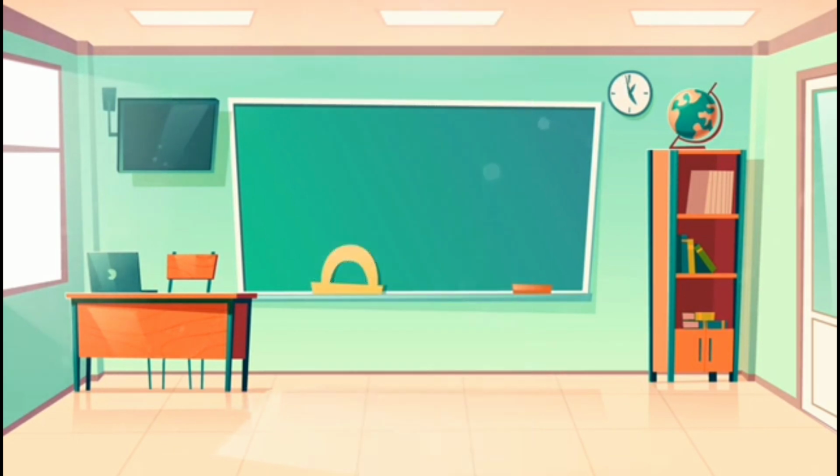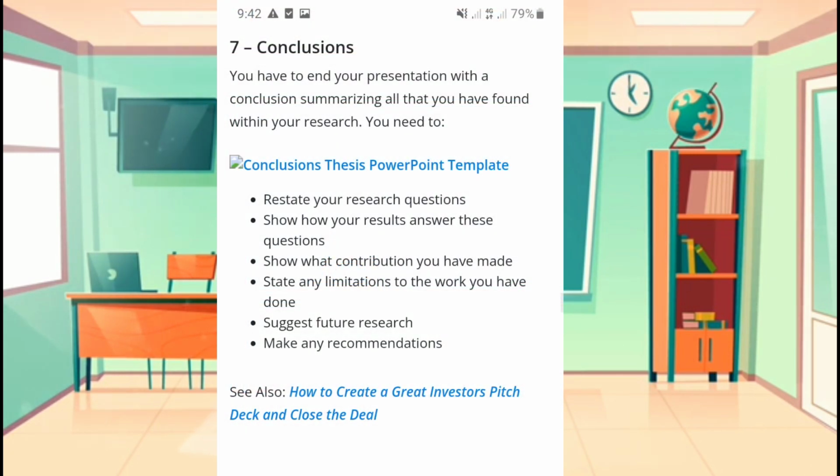Number 7, conclusion. You have to end your presentation with a conclusion, summarizing all that you have found within your research. You need to first restate your research questions. Second, show how your results answer these questions.